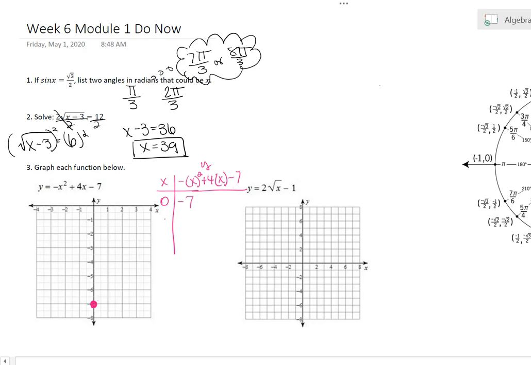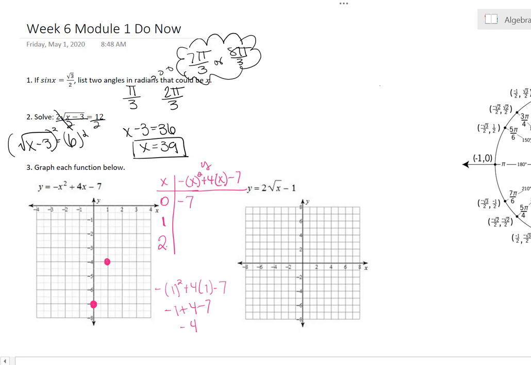If I plug in a 1, I get negative 1 squared plus 4 times 1 minus 7. So that's negative 1 plus 4 minus 7, which gives me negative 8 plus 4, negative 4. Let's keep on going here. Let's try a 2.